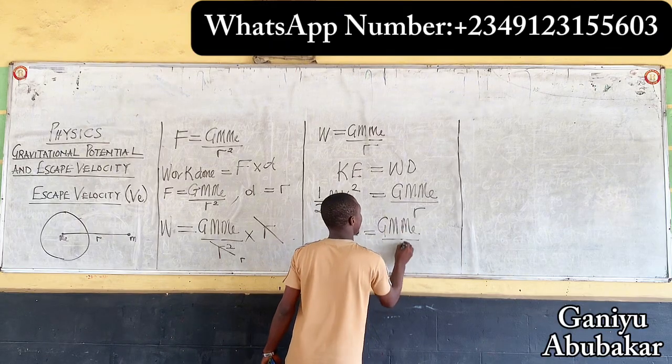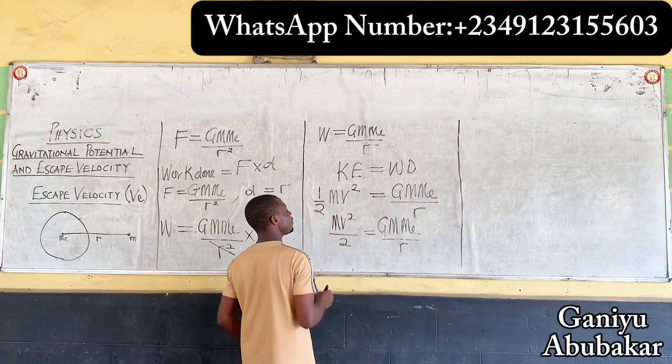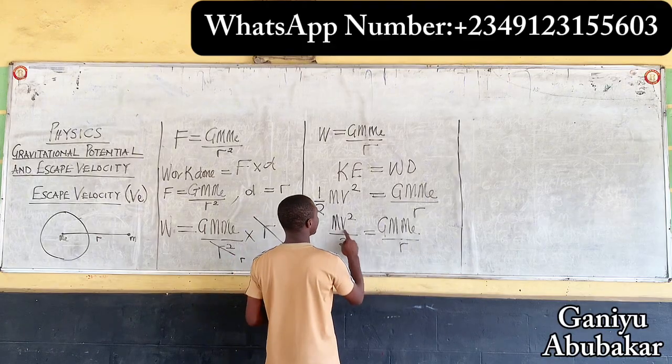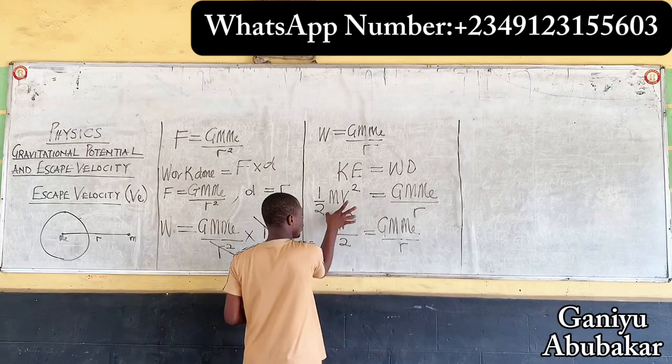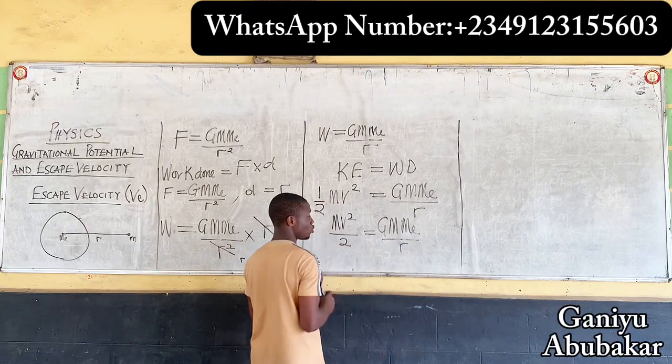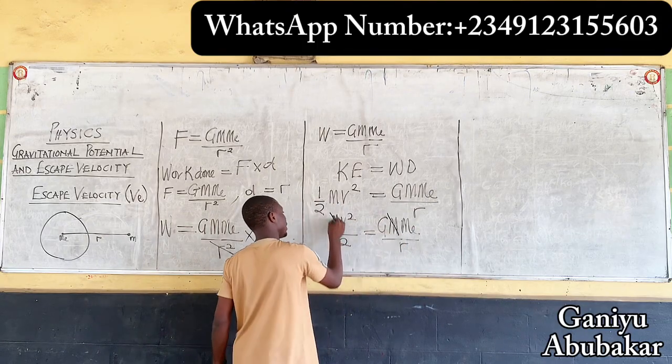G M M E over R. What do you observe? If I have the same expression at the same level in the numerator, they can cancel out, so this m can cancel this m.